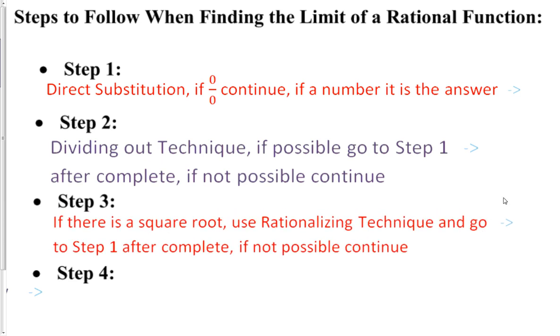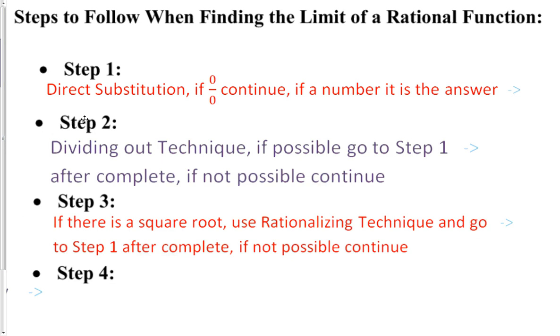If there's a square root, not limited to the denominator here, if it's in the numerator or denominator, we're going to try to rationalize. Now, most of the time, it'll be something like, let's say, 1 plus the square root of x minus 1, right? In that situation, we're going to be multiplying by our conjugates to get this to work, because we can't just get 1 square root out.